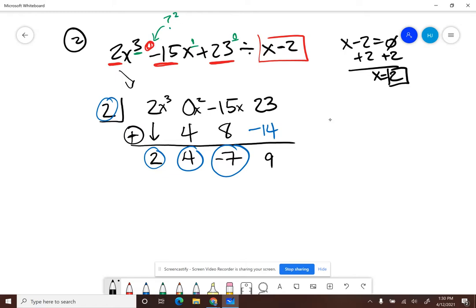When I bring those down, I go down by 1 on everything. So instead of 2x to the third, it's going to be 2x squared plus 4x minus 7. And what is this 9 out here? Yes, you guessed it. That is my remainder. I've got a remainder of 9.